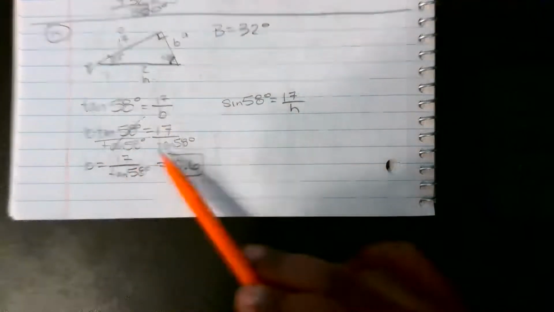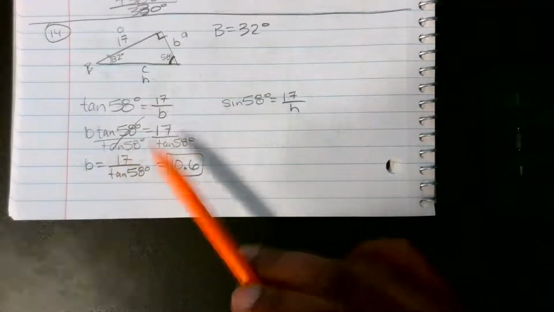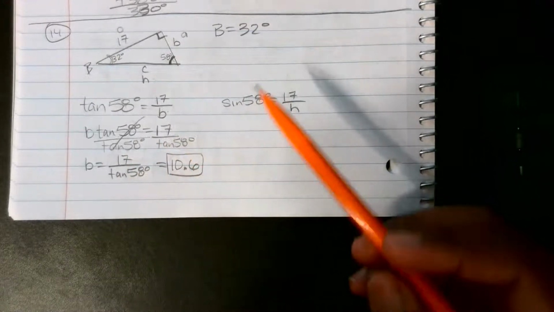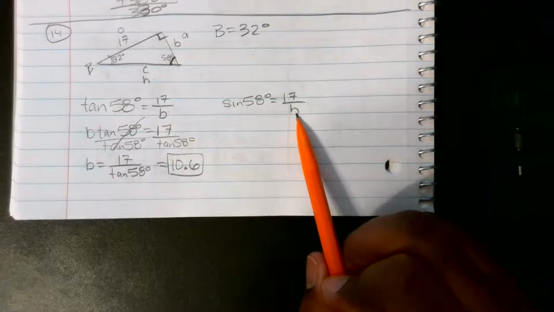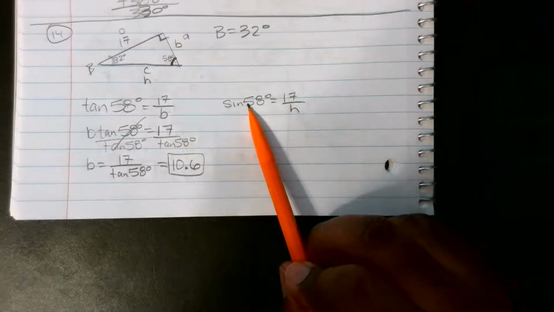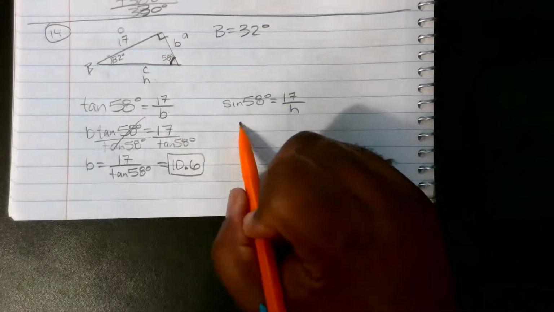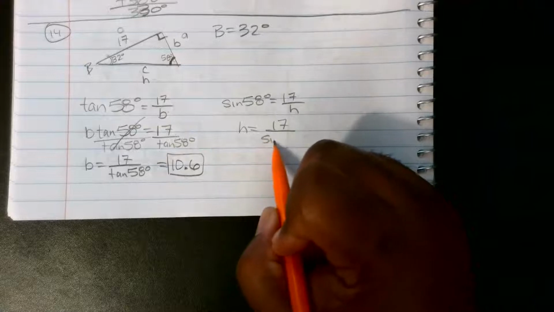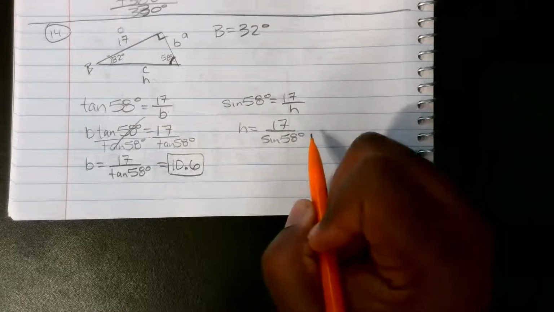Although you're focused on the process here, if you look at the process, you notice a pattern. You've done problems like this. If the variable's on the bottom, then you can just switch the variable in the trig part, and you're good. So h is equal to 17 over sine of 58 degrees.